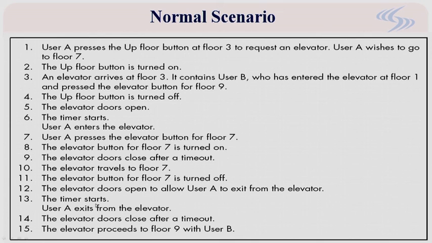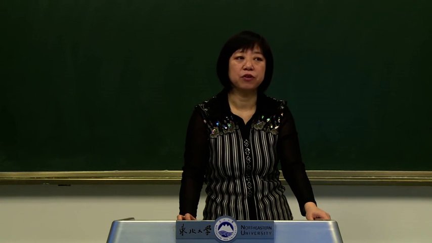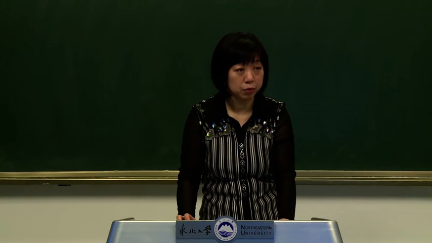The timer starts, and user A exits from the elevator. The elevator doors close after a timeout, and then finally, the elevator proceeds to floor 9 with user B. Surely this is one scenario for the elevator problem.